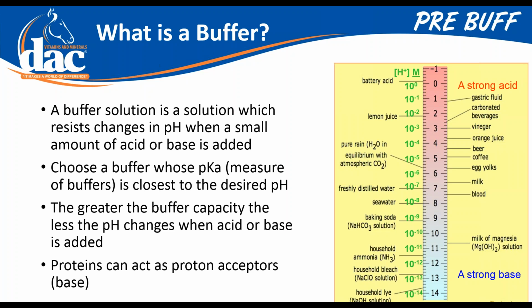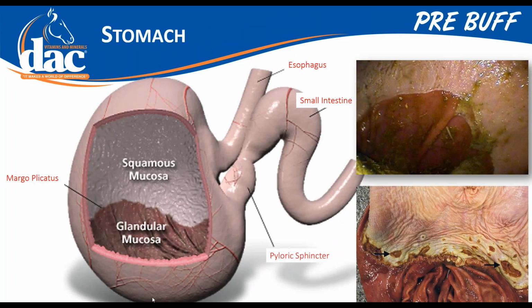We choose buffers, and their unit of measure is this term pK, and you don't need to remember that, but we've chosen buffers that mimic our desired pH in the horse's stomach. So what buffer is going to get us from that acidic solution that we have created in the horse's stomach to a more healthy situation that is not going to cause the damage that we know it can?